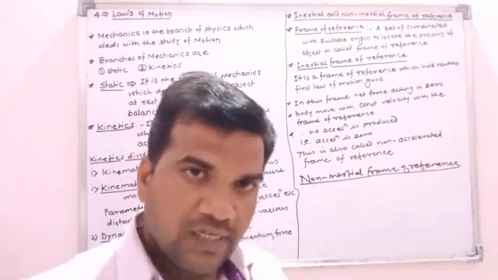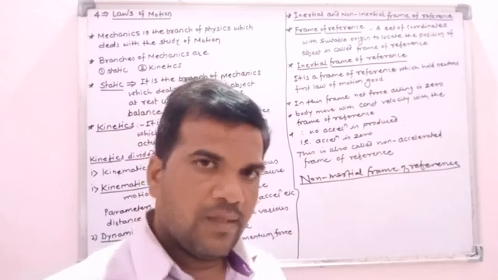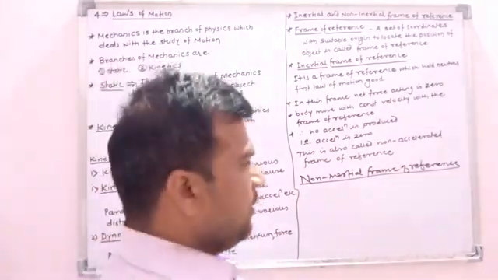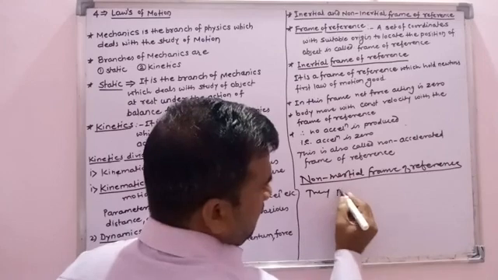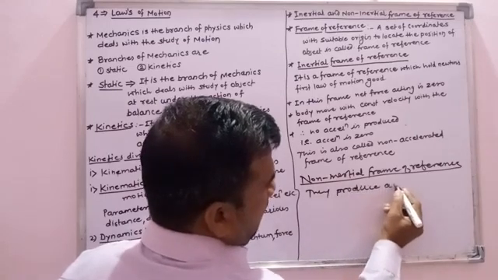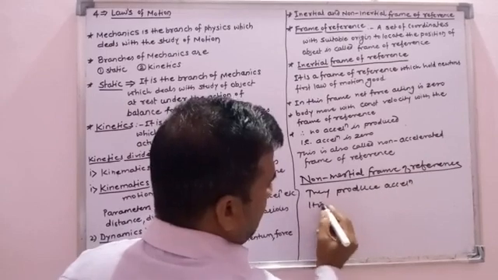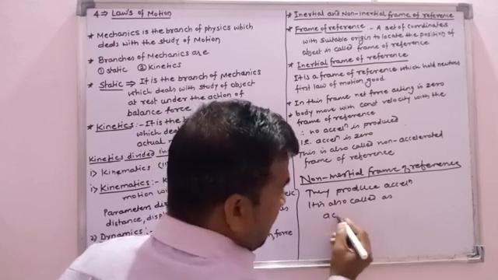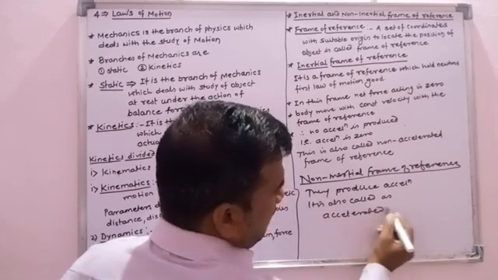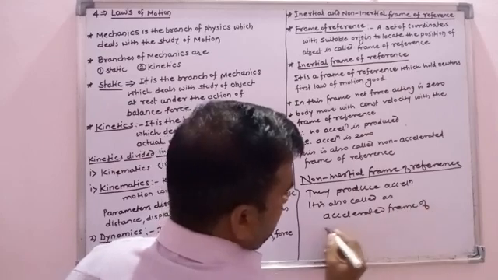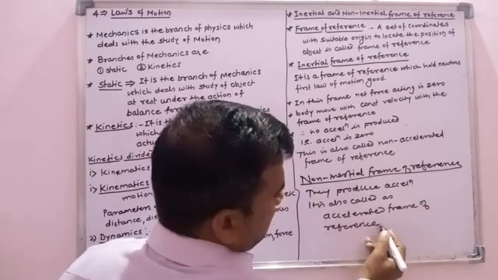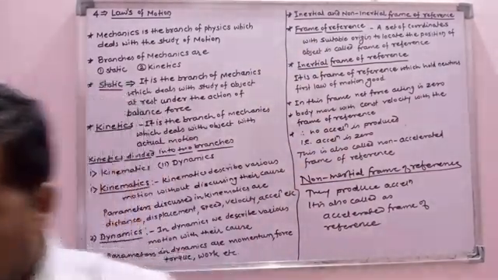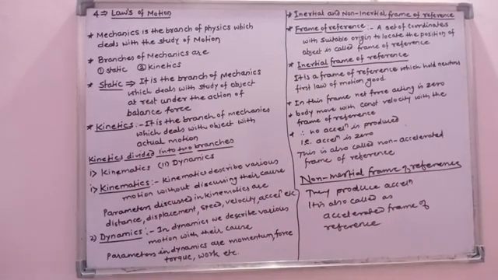There is relative velocity between two frames of reference or between two bodies, and as there is relative velocity, they produce acceleration. Therefore it is also called an accelerated frame of reference.